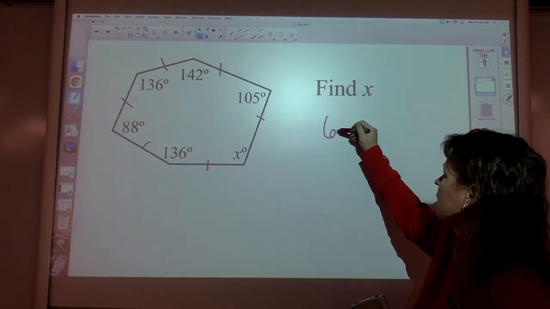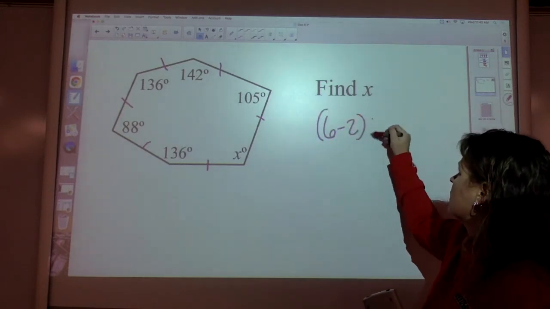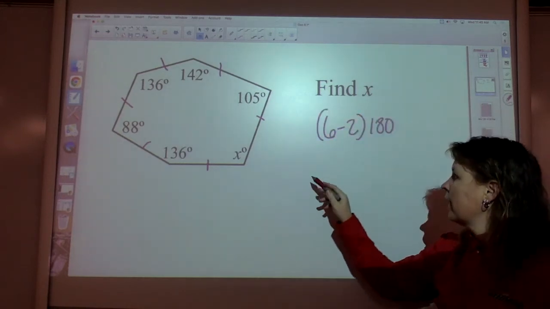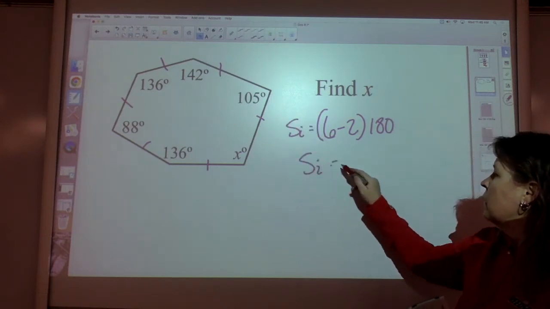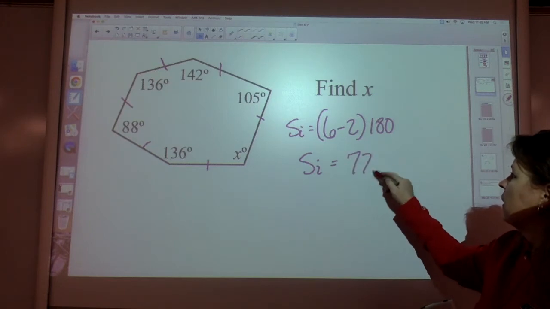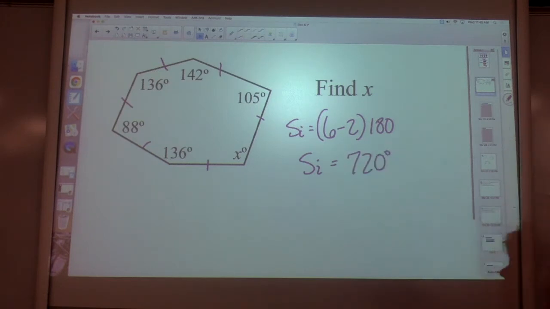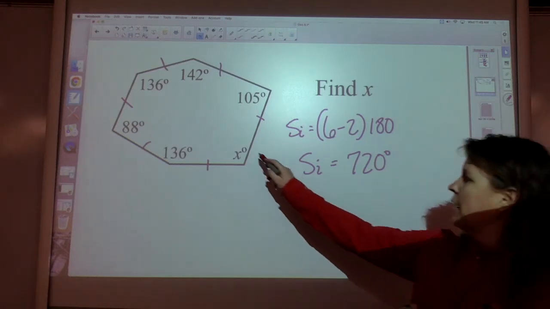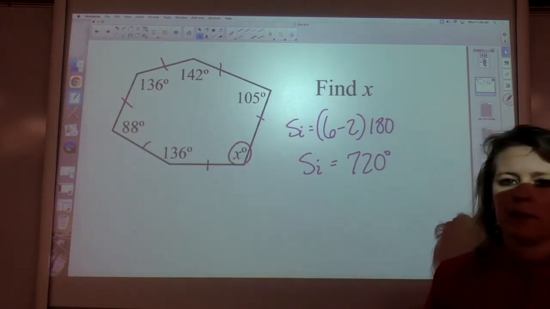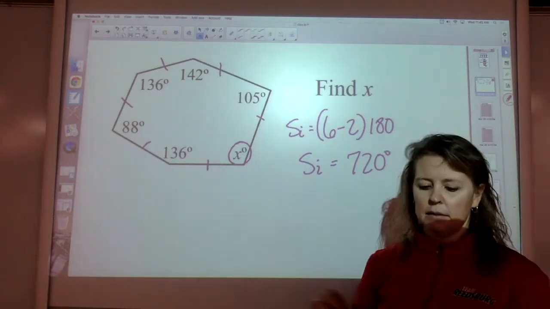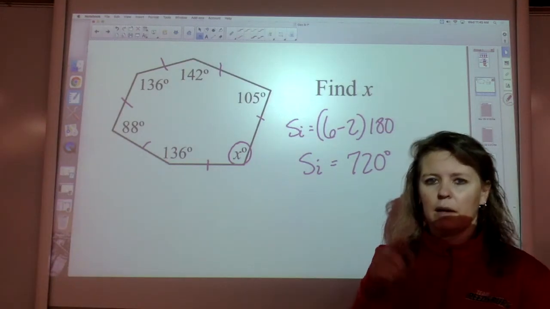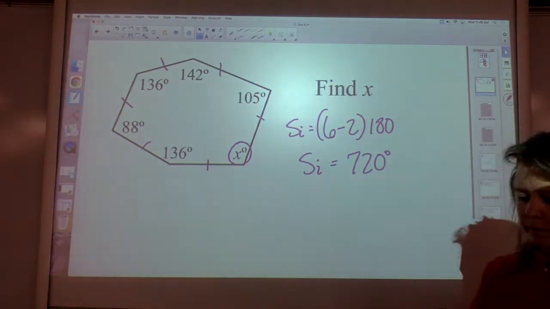So I'm going to go with 6 minus 2 times 180, or knowing that it's a hexagon, we know that the sum of its interior angles is 720 degrees. Well, if we know that the interior angles total 720 and we want to find just this angle that's left, I'm not going to write it all down, but it would be 720 minus each one of those. Go ahead and calculate that on your calculator.